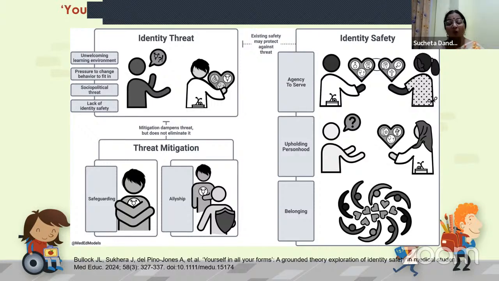And last but not the least, they do talk about the sense of belonging and experiencing this belonging in the learning environment. So the identity safety can thus be protected by upholding all these 3 paradigms.